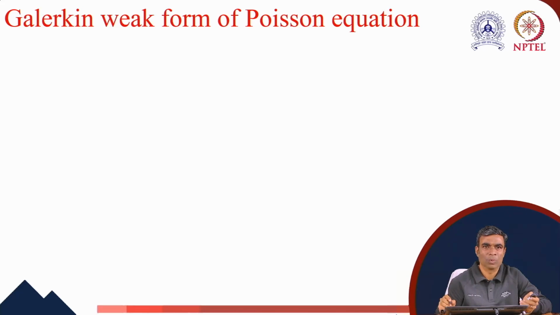Now we shall derive the weak form of the Poisson equation subject to 4 different types of boundary conditions.